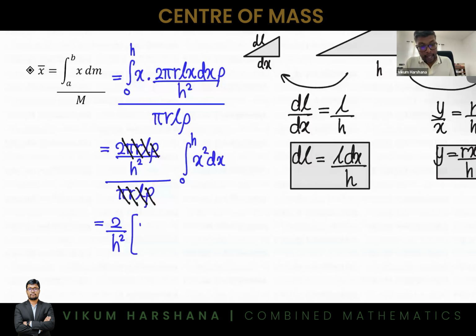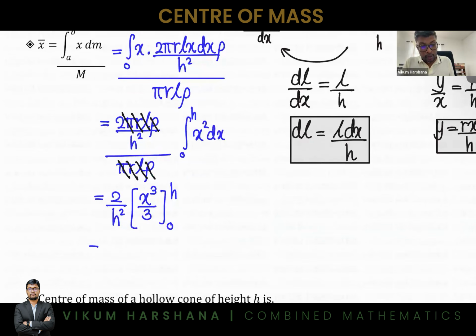So x squared is x cube over 3 from 0 to h, right? Okay. So it's 2 over h squared, h cube over 3 minus 0. So the final answer is 2h over 3.